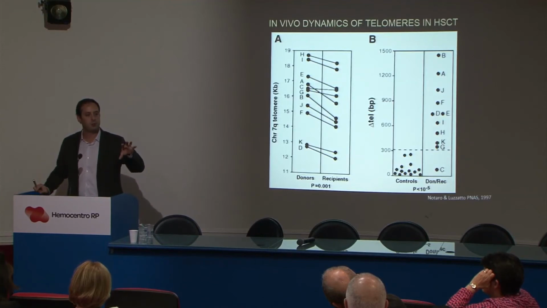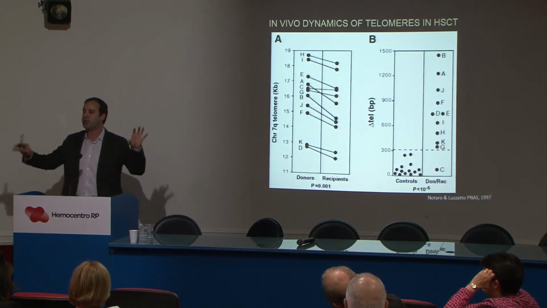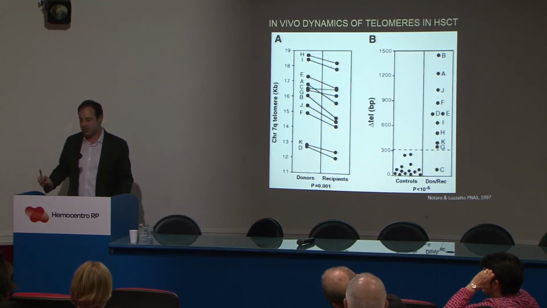The recipient was also 100% donor in terms of the white cells, so you had the cells from the same person in 2 different individuals after transplant.